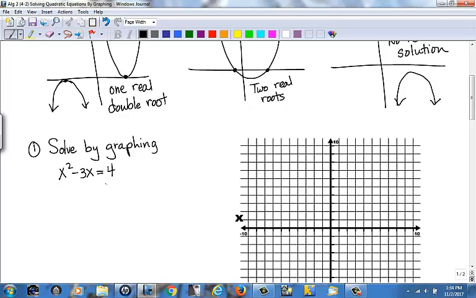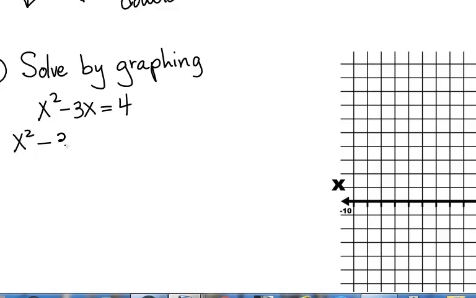You don't want to solve it in that form. You want to get the 4 over to the other side. So subtract 4. So you'd have x squared minus 3x minus 4 equals 0. And then to solve it, you actually need to set that equal to y. So you'd have x squared minus 3x minus 4 equals y.